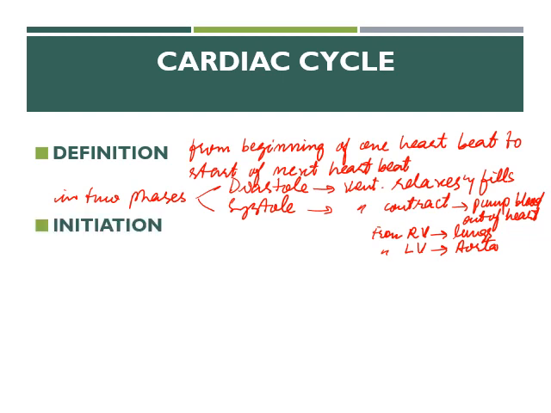Each cardiac cycle is initiated by spontaneous generation of action potential in the SA node. Then from the SA node, a wave of depolarization spreads into the atrial muscle.